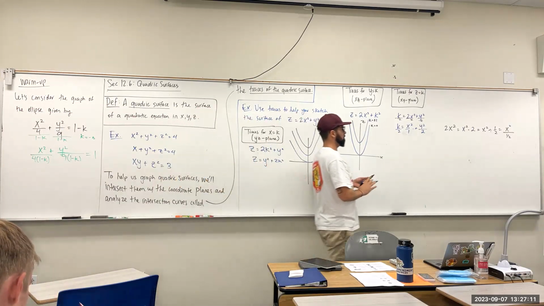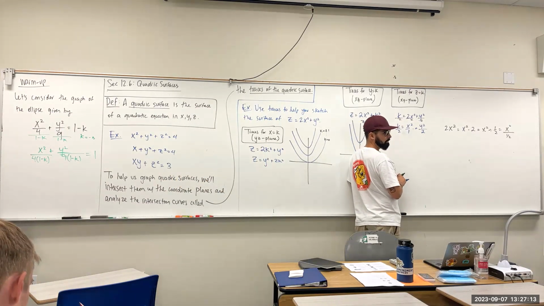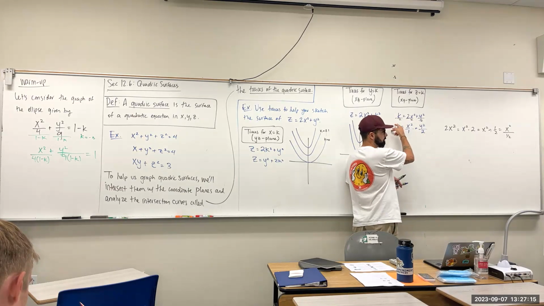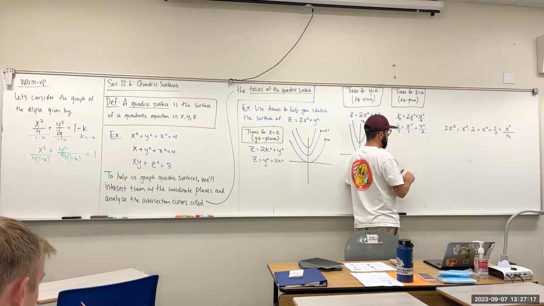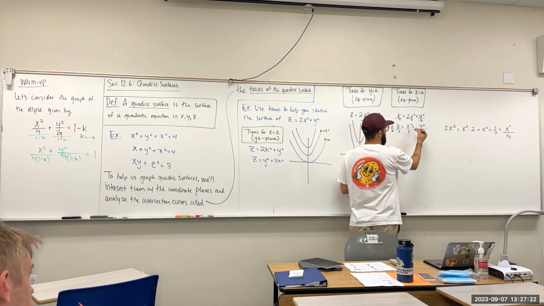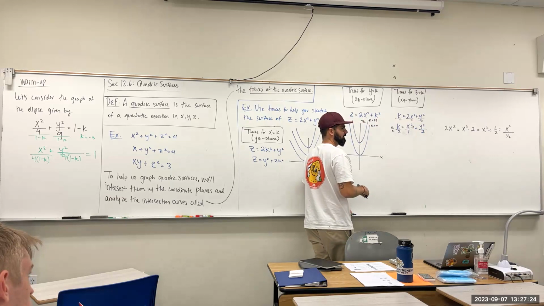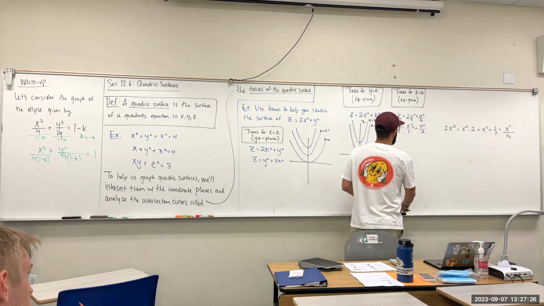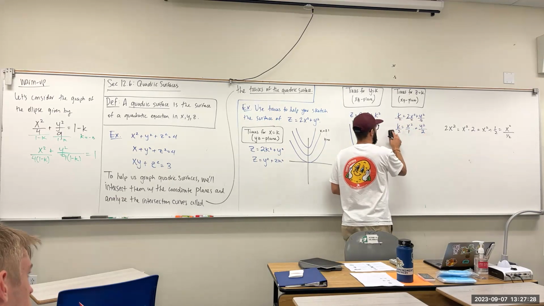So now what do we have to do? Multiply everything by the reciprocal, which is 2 over k. Actually, I think it's better to divide by 2. Let's divide everything by k over 2.